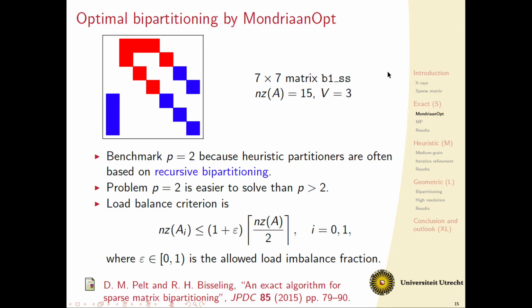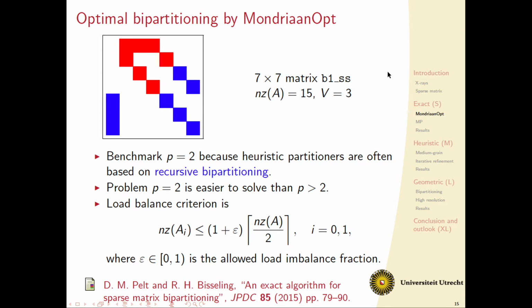That was work with Daniel Pelt. And here you see, for example, an optimal partitioning for one of the smaller matrices from the SuiteSparse collection, formerly the University of Florida Sparse Matrix Collection, by Tim Davis, who is also here. So this is a matrix with 15 non-zeros, and in this case, the communication volume is 3, because we have 2 rows that are split and 1 column that is split.